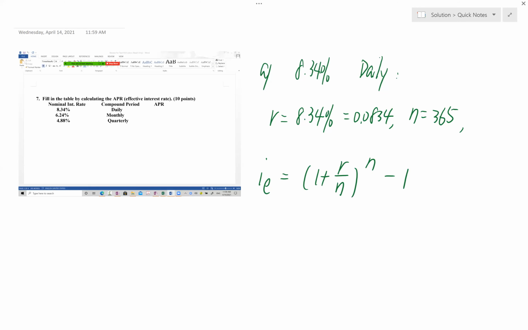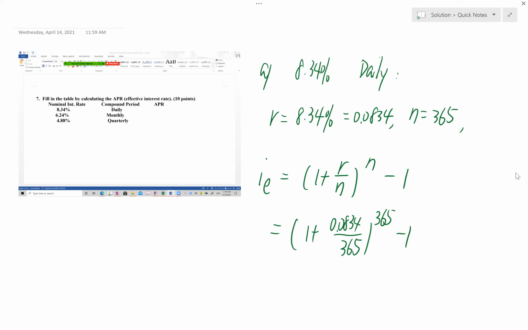Okay. 1 is the base, right? Assuming the nominal rate is 100%. And usually the effective interest rate is bigger than that. Okay, so this is going to be 1 plus 0.0834 over 365, compounding 365 times, minus 1.